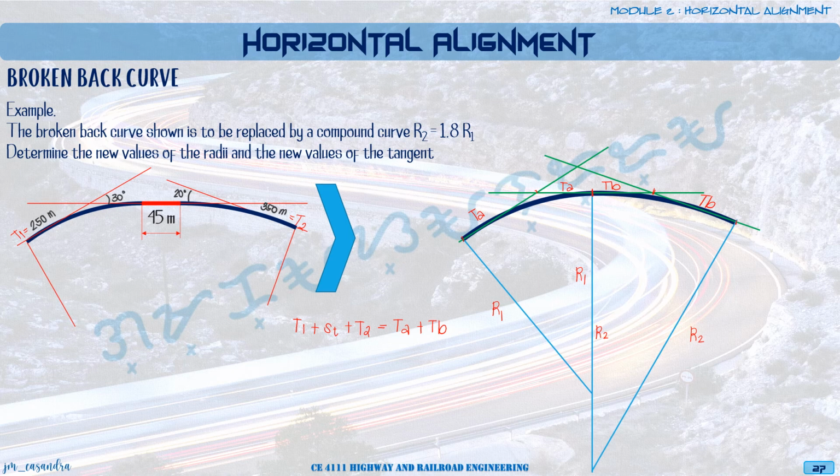Okay? And then substitute now our values. So we get T1 is 250, ST is 45, T2 is 350. So this is now equal to 645 meters. That's equal to TA plus TB. So this one now is our first equation.